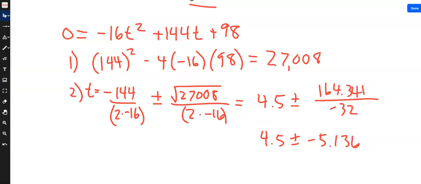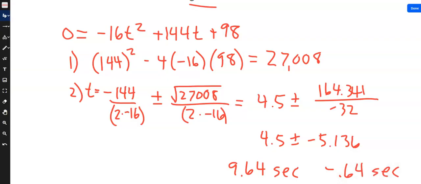So 4.5 minus that, one of your answers is 9.64 seconds, and 4.5 plus negative 5.136 is negative 0.64 seconds.